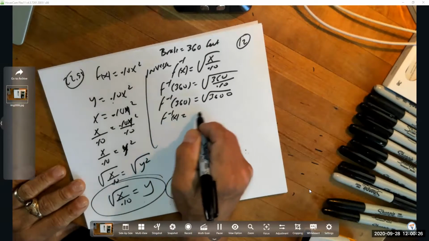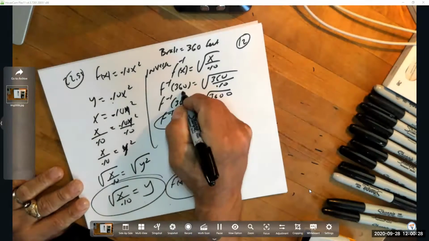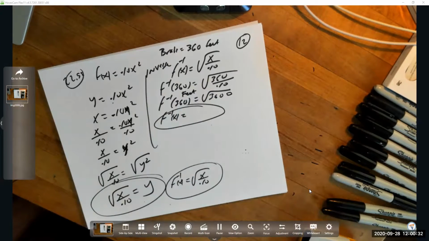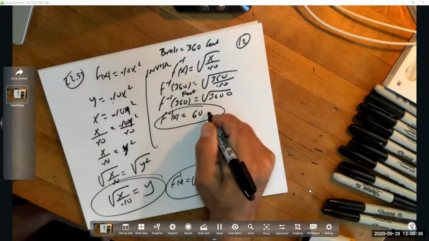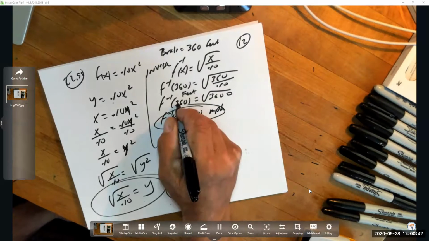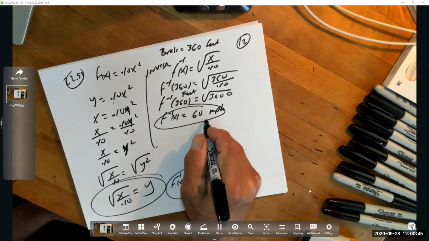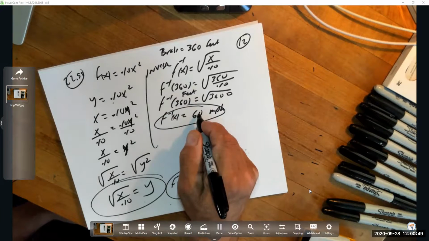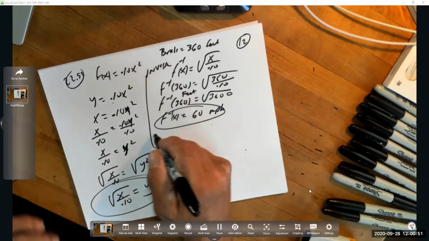What's the square root of 3600? So I know this is how many feet are in the street. And if I take the square root, what did you get? 60? All right. So if you're going 60 miles an hour, that 360 feet comes because you were going 60 miles an hour. Does that make sense? This many feet, you're going that speed. Let's do another one.